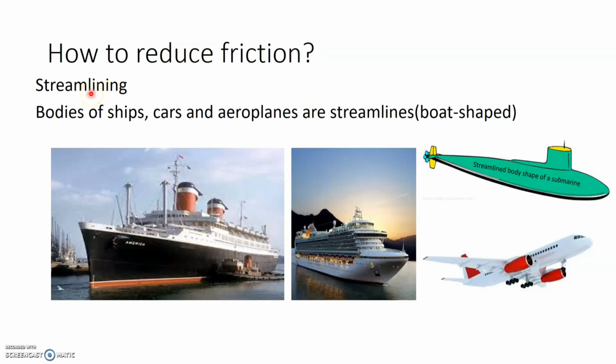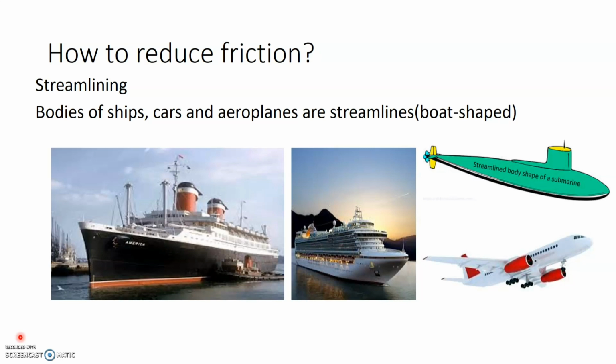So streamlining is another important way in which we can reduce friction. So by using lubricants, by streamlining, and also by using rollers and wheels, we can reduce friction. Now we have understood the different ways in which we can reduce friction.